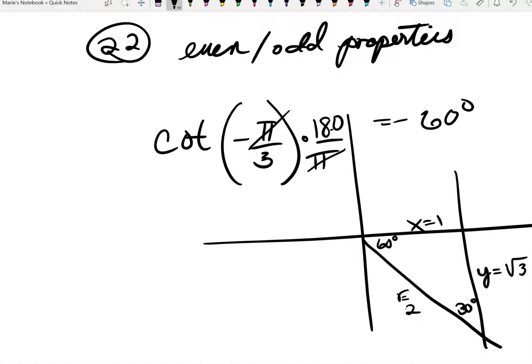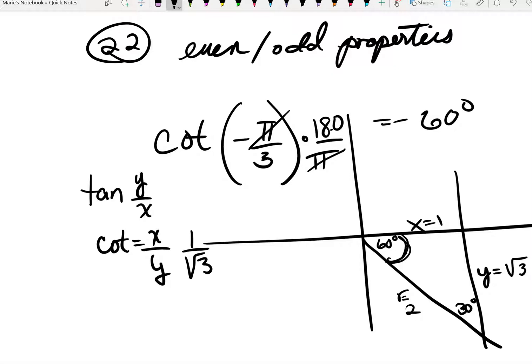If I'm looking at cotan of negative 60 degrees, ratio-wise, so if you remember, tan is y over x, cotan is going to be x over y. So x over y in our case will give us 1 over square root of 3, but we don't like that.